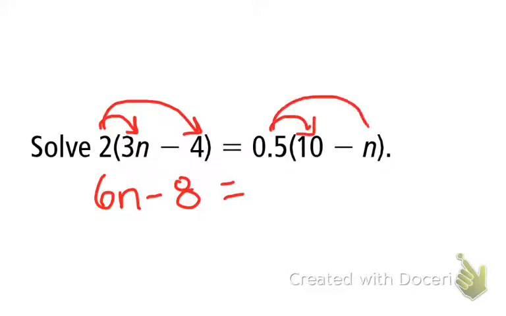Distribute the half on the right hand side within each side, and so we'll get a 5 minus half of n.